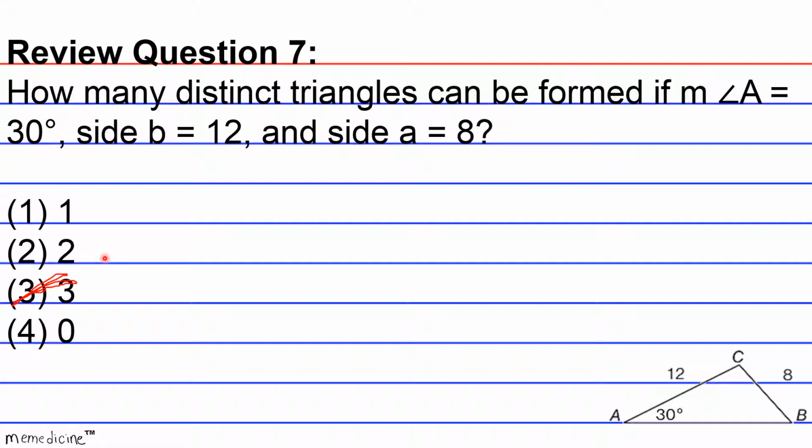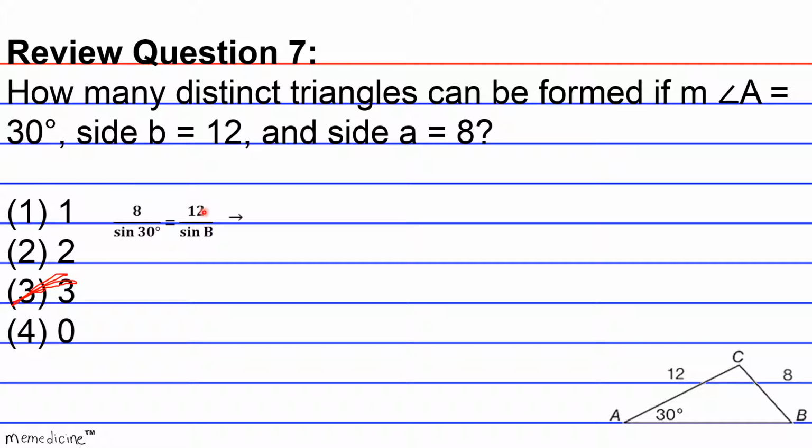The first law that we're going to use is the law of sines, which says that the measure of side a over the sine of A is equivalent to the measure of side b over the sine of angle B, which is also equivalent to the ratio of the measure of side c over the sine of angle C. So we know our A and we know side b, so we can immediately figure out the sine of B. Let's evaluate this by cross multiplying.